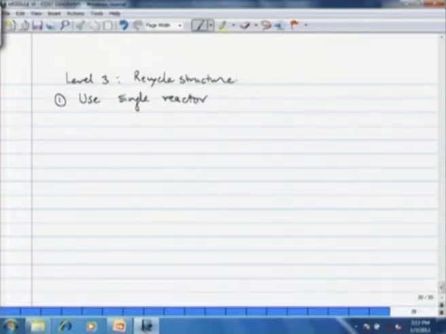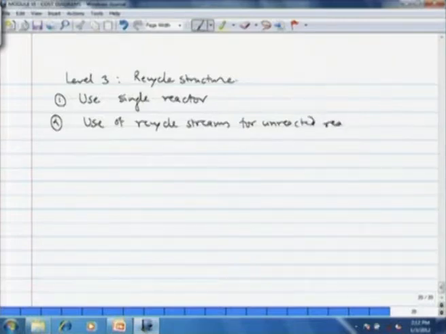The reaction is non-catalytic. Then second, use of recycle streams for unreacted reactants, the liquid reactant toluene and the gas reactant hydrogen.